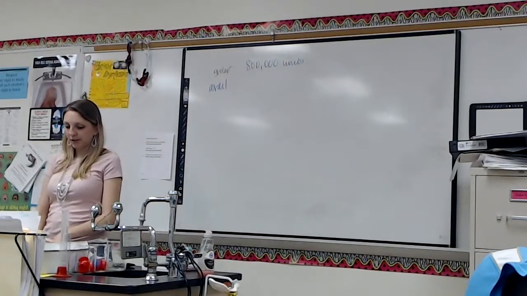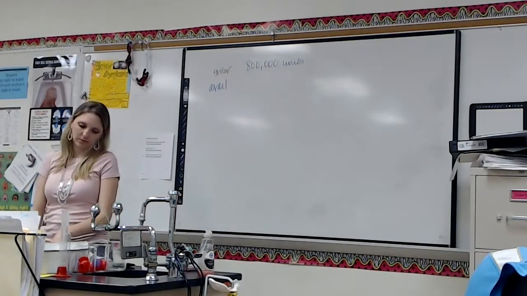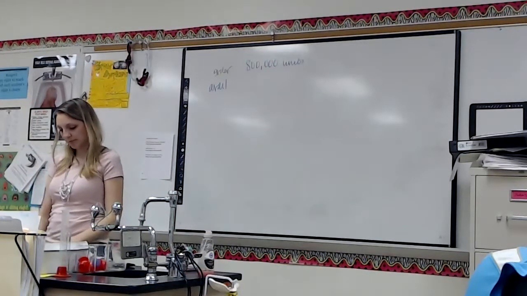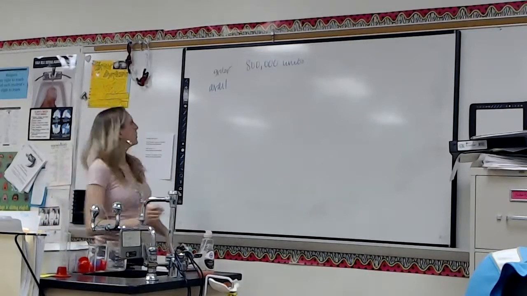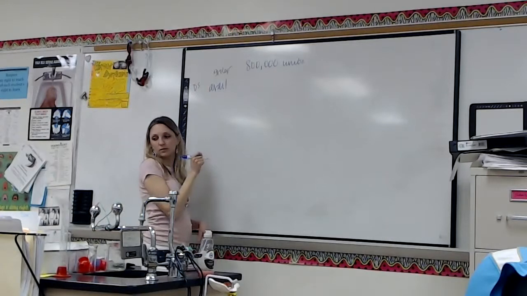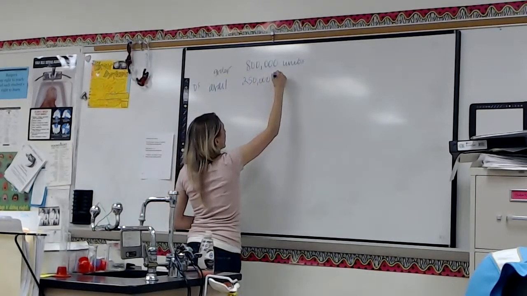What amount of diluent is added to get the medication strength 250,000 units per milliliter? 4 milliliters. Good. So now we know what's available. What is our dosage strength available? 250,000 units per milliliter.